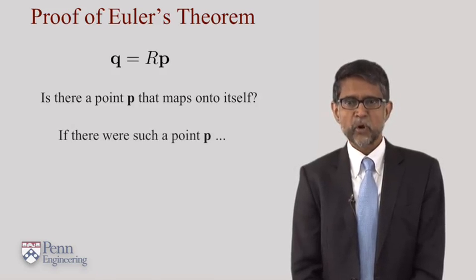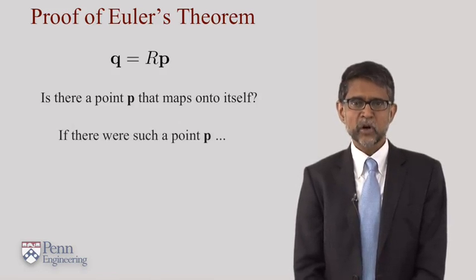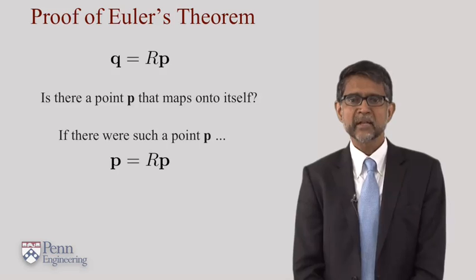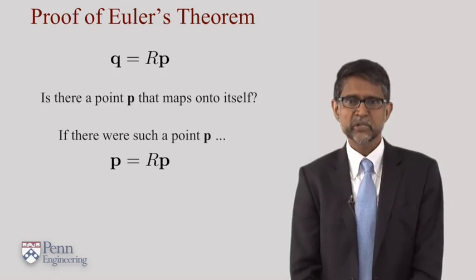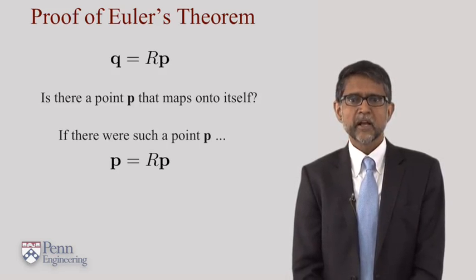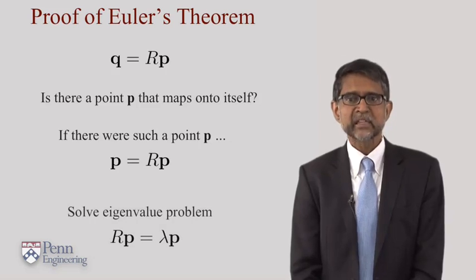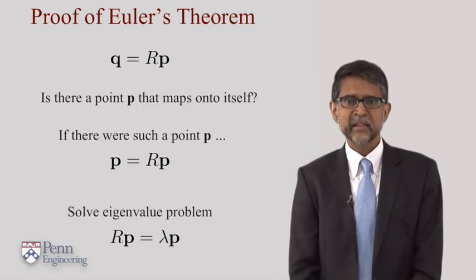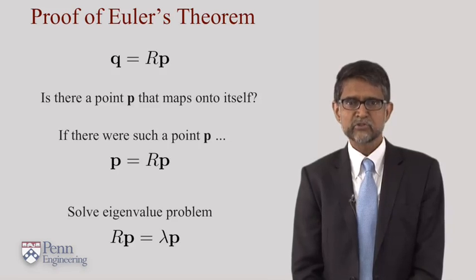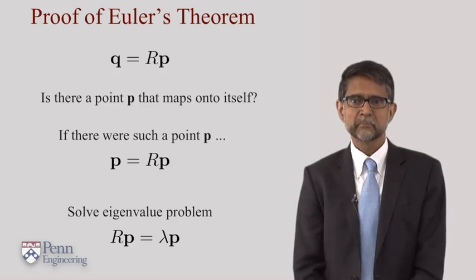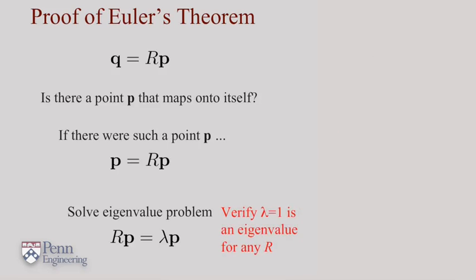Well, if there was such a point P, we can write P equal to RP, and this is nothing but a statement that 1 is the eigenvalue of the rotation matrix R. So we can solve the eigenvalue problem and verify that if Rp were equal to lambda p, then lambda equals 1 is a solution to this eigenvalue problem. And this is easy to verify, and it's a good exercise for you to try.